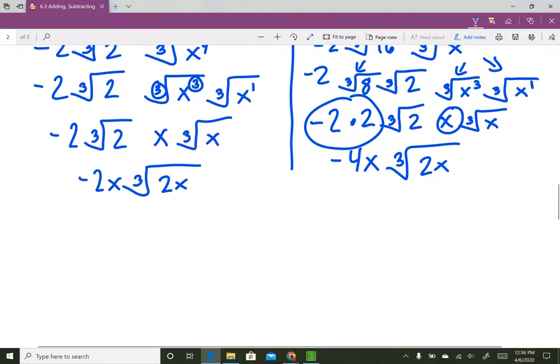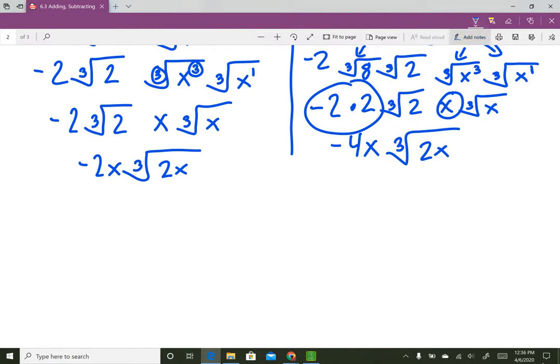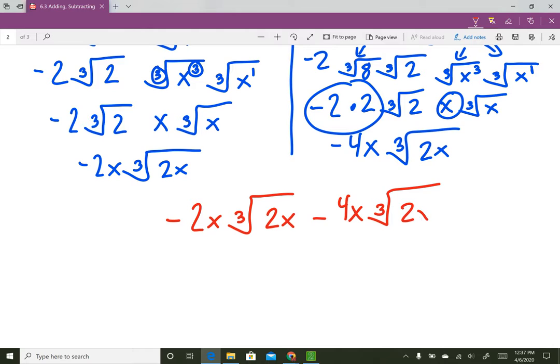All right, now let's take a look. Let's pair these up together now. Negative 2x cube root of 2x minus 4x cube root of 2x. All right, first things first, the radicand.